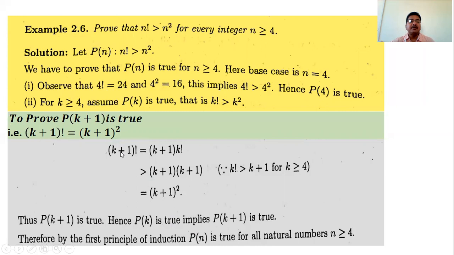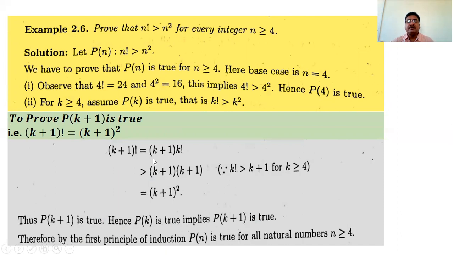So consider the LHS and show the RHS. Consider k plus 1 factorial, which is equal to k plus 1 into k factorial, because we know that. What is 10 factorial? 10 factorial means 10 into 9 into 8 into 7, and so on, multiplication up to 1.